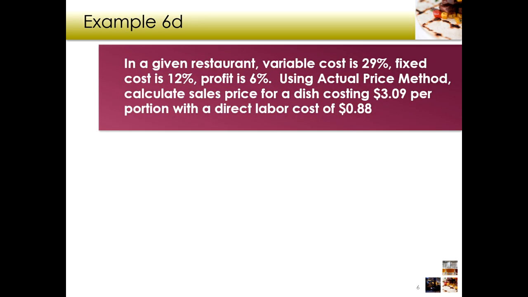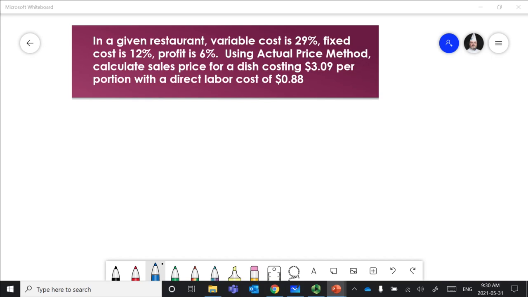So in a given restaurant, variable cost is 29%, fixed cost is 12%, profit is 6%. Using the actual price method, calculate a sales price for a dish costing $3.09 per portion with a direct labor cost of 88 cents. So the first thing we want to do is figure out our price divisor.